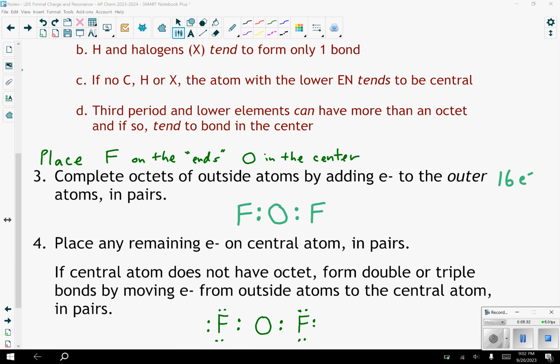Next, we're going to do step 3, which says complete octets of the outside atoms by adding electrons to them in pairs. So of the 16 electrons, I'm going to add electrons.